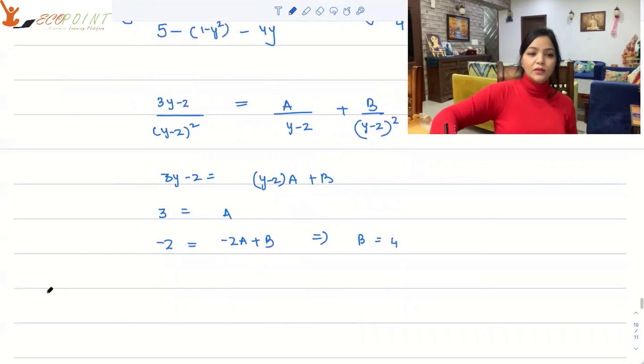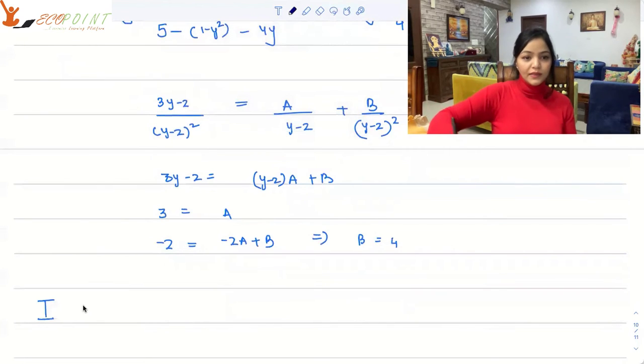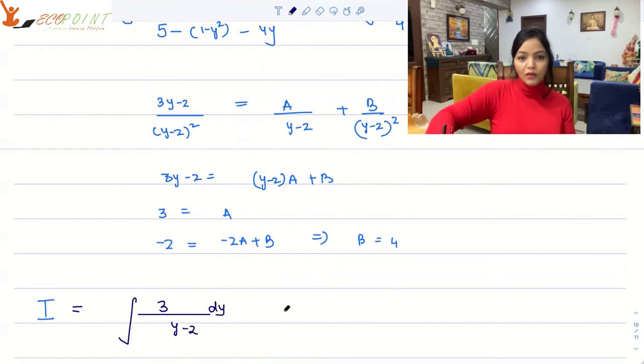So we can write down the integral that we have as 3 times the integral of dy upon y minus 2, plus 4 times dy upon (y minus 2) square.